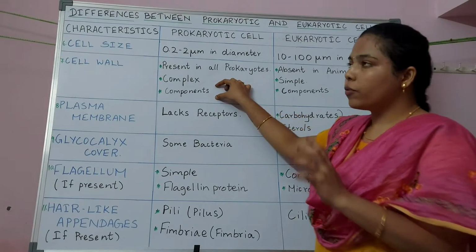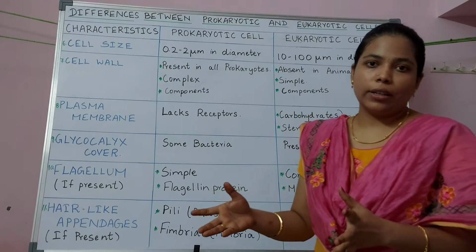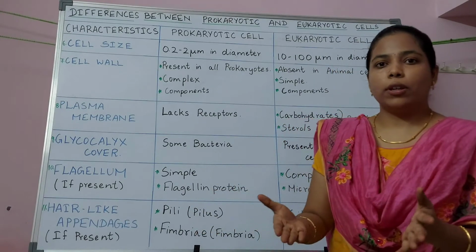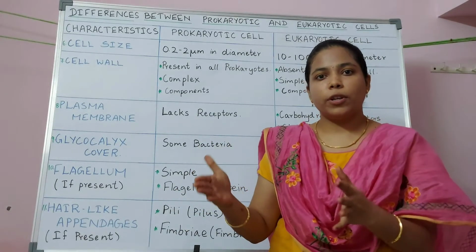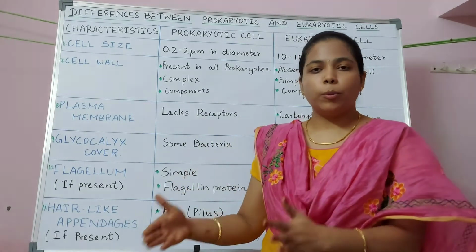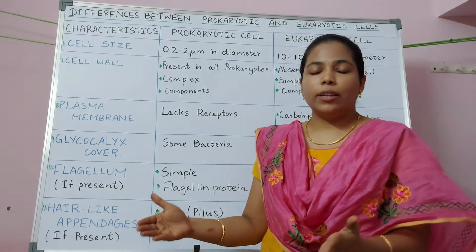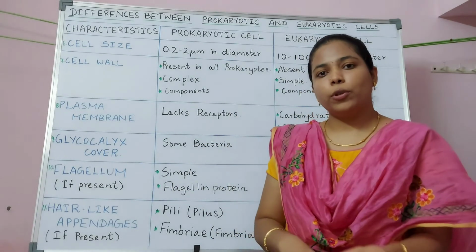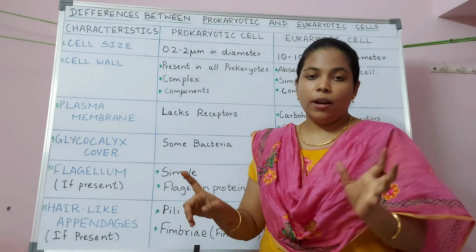In case of gram-positive bacteria, the cell wall is made up of peptidoglycan, but in case of gram-negative bacteria, the cell wall is made up of peptidoglycan and lipopolysaccharide layer.